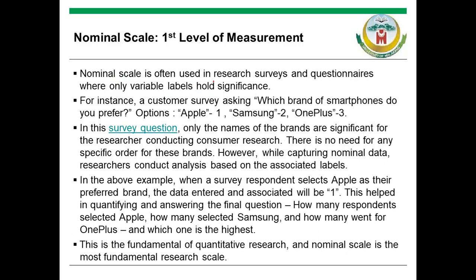Nominal scale is often used in research, surveys, and questionnaires where only the variable labels hold significance. For instance, a customer survey asking which brand of smartphone do you prefer, and options are Apple, Samsung, and OnePlus. Apple is represented by 1, Samsung is represented by 2, and OnePlus is represented by 3. So these are numerical labelings of some variables.